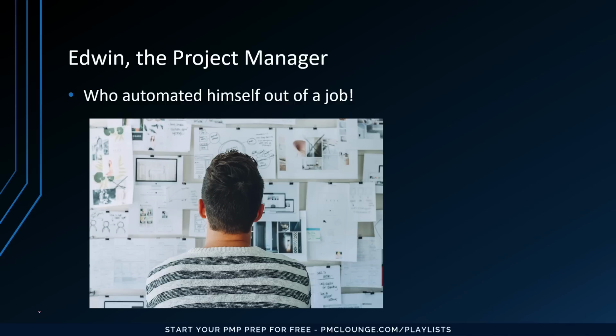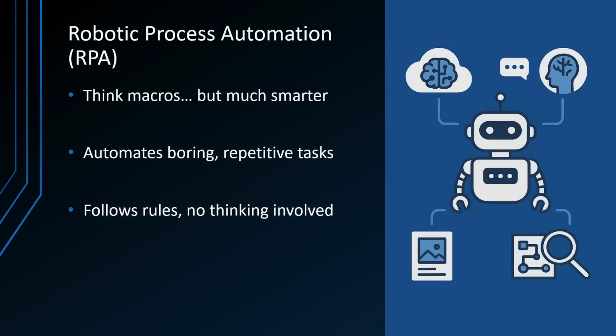So Edwin started automating little things to make his life easier. It began as a time saving hack, but it turned into a full blown journey through the world of artificial intelligence and automation. So let's go through Edwin's journey of how it all unfolded.